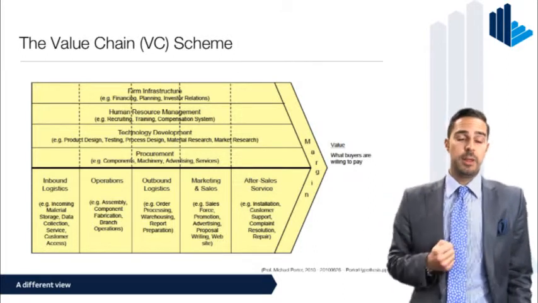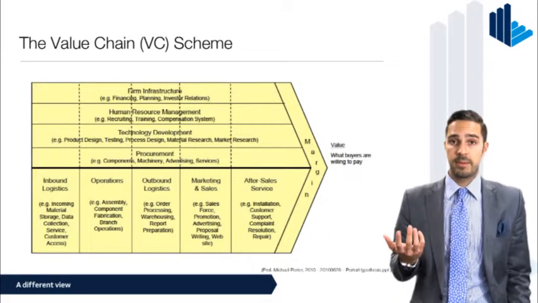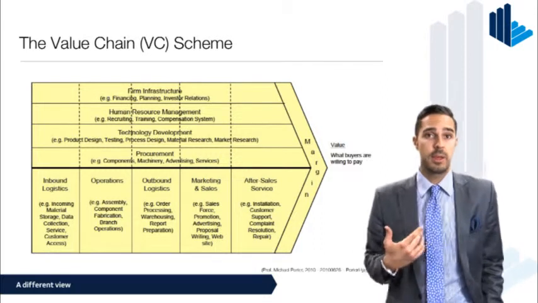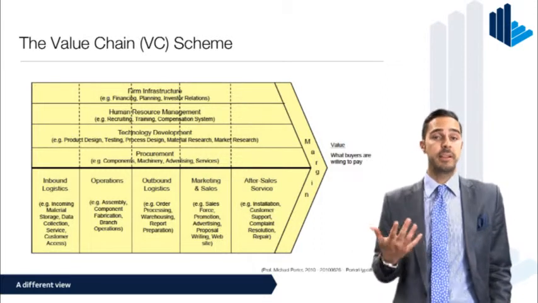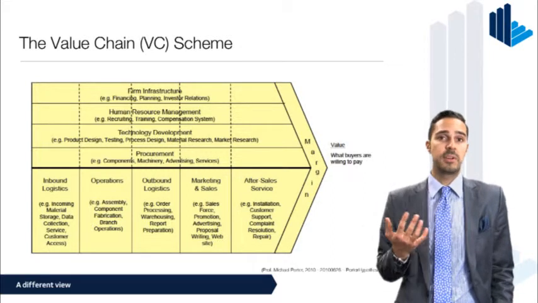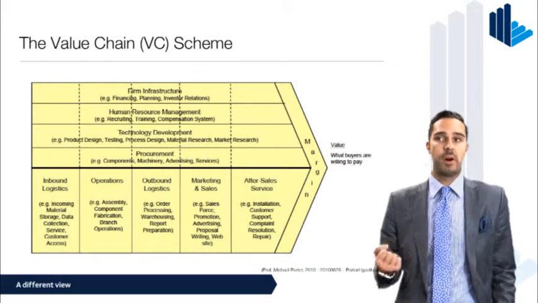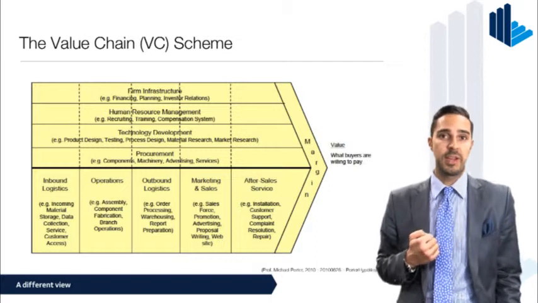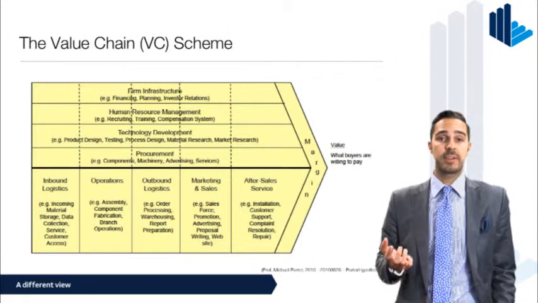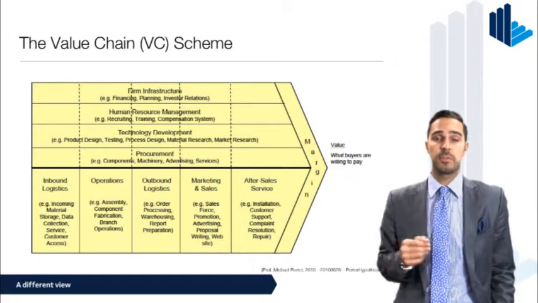Now, this framework has become very popular in business and management because it can be applied in different ways. So, for example, you can use this framework from a performance measurement perspective. You can identify and develop performance metrics for all these processes.